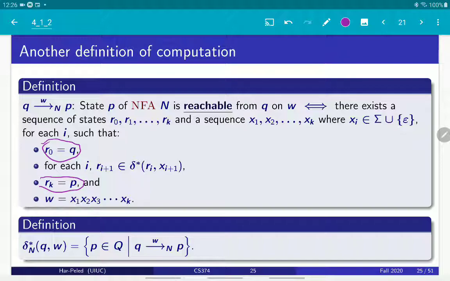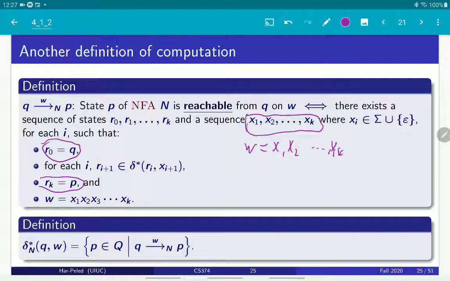And the important thing is that we can break the string W. The string W is just a concatenation of those k characters, so W is equal to x1, x2, to xk.